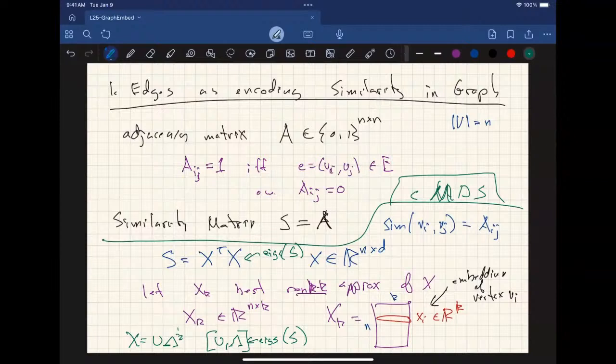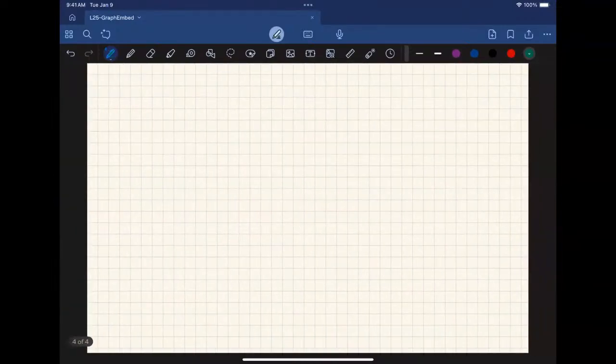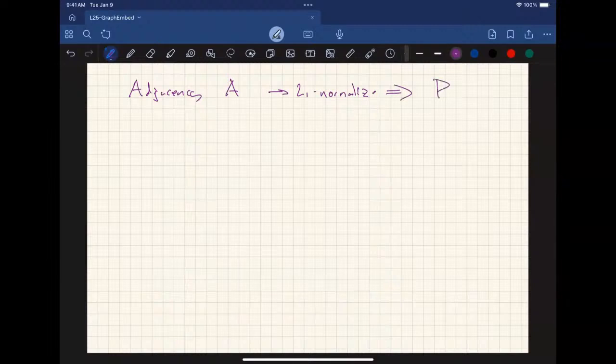Okay, what else? Well, let me mention a couple of other things we could do instead. Let's say I had the adjacency matrix. I can also L1 normalize this, and then I can go to P. Right, so I L1 normalize the columns.